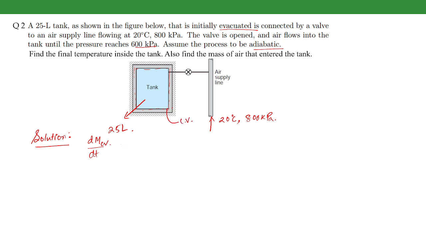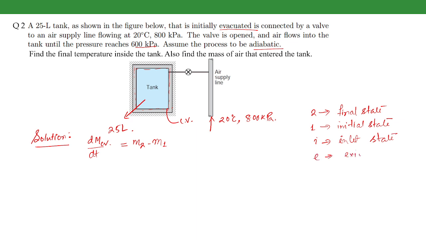So this is equal to m2 minus m1, where 2 denotes the final state, 1 is the initial state, and I denotes the inlet state, and E denotes the exit state. Okay, so this is also equal to mi minus me.